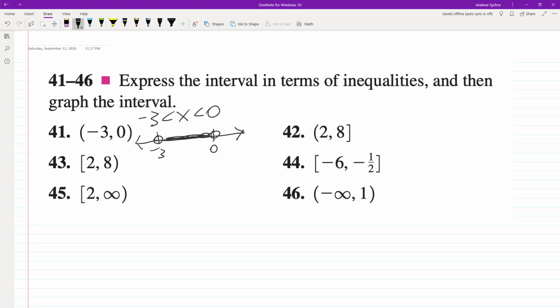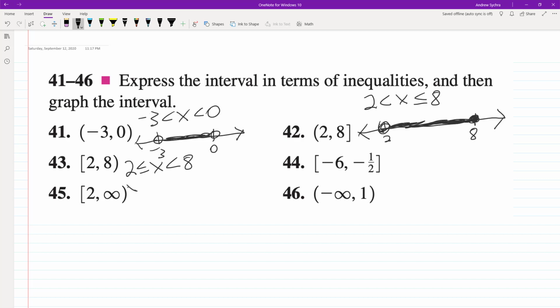Moving along. So because it includes it, we fill in the dot.